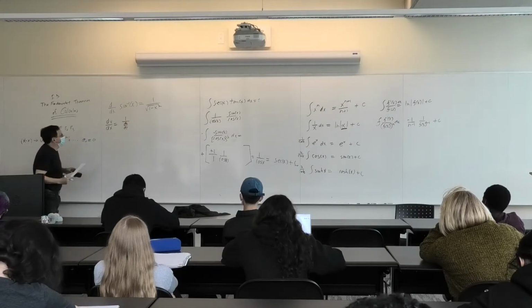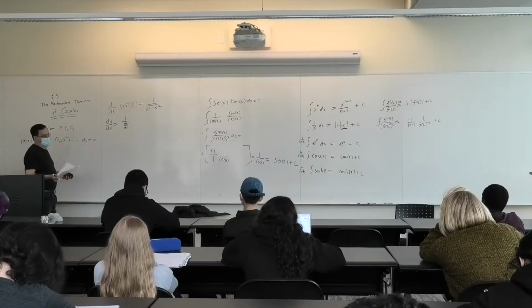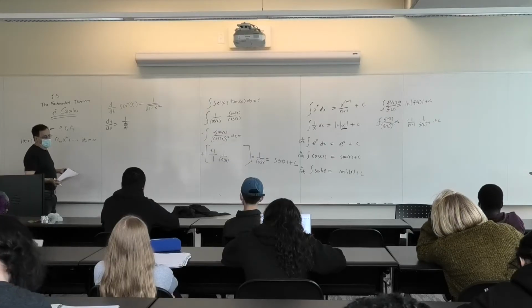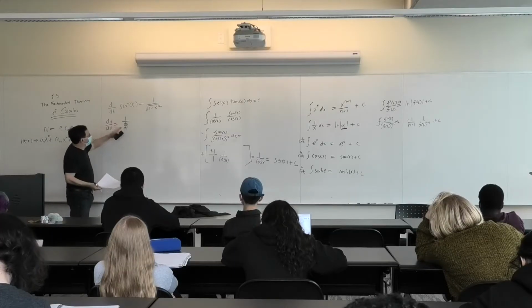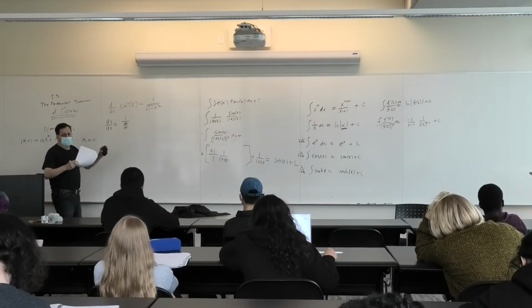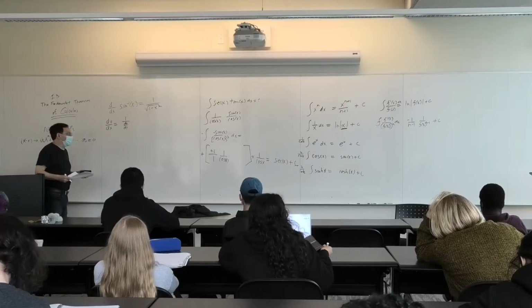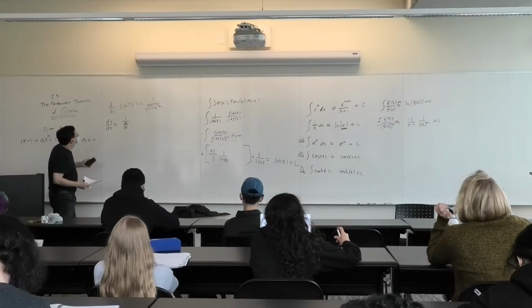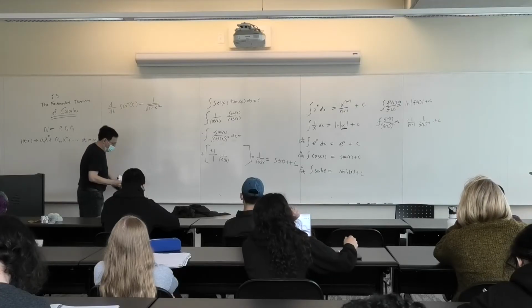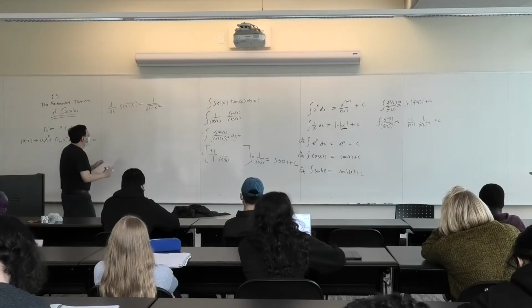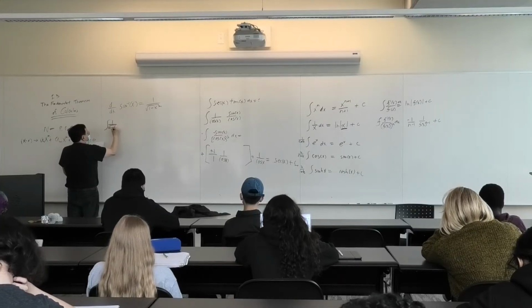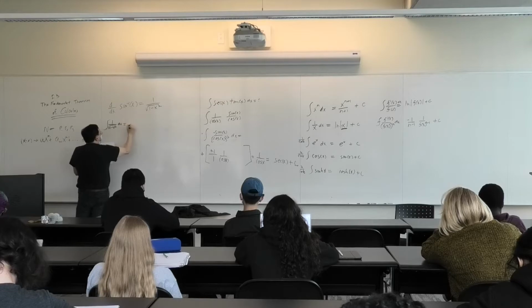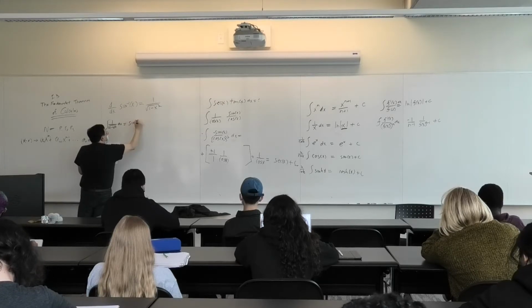That is, if you want to find the derivative of an inverse function, it's 1 over the derivative of the function, and you have to convert back your variables. Okay, so we immediately know that the derivative of the inverse sine of x is 1 over the square root of 1 minus x squared.